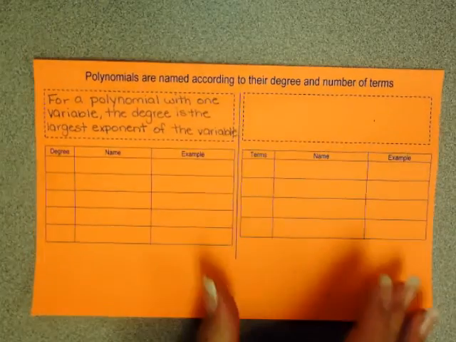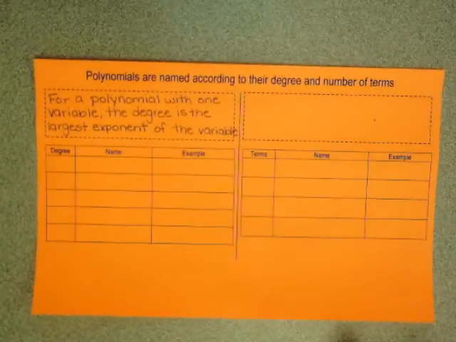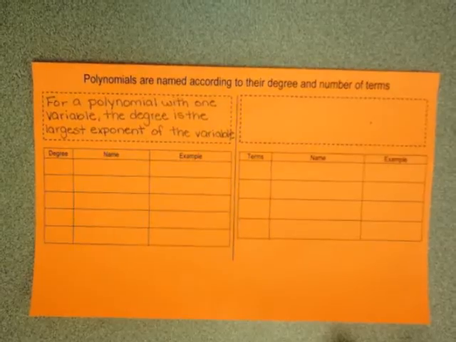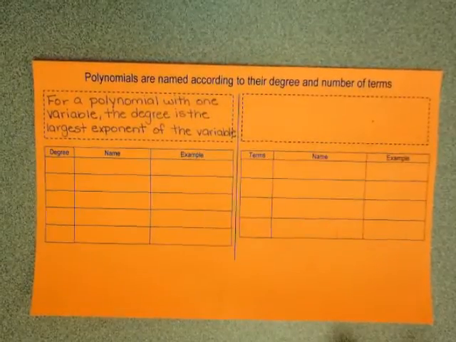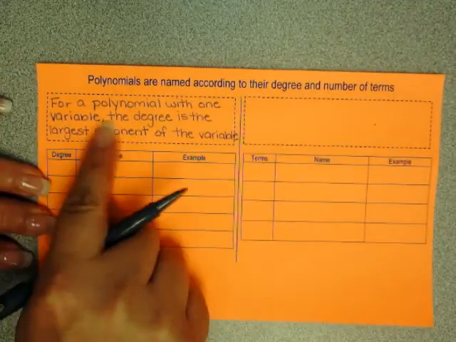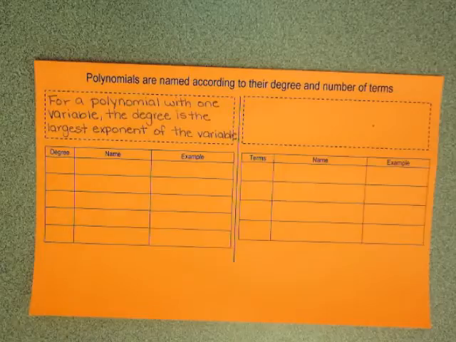Okay, so for a polynomial with one variable, the degree is the largest exponent of the variable. Okay, so we're only going to be working with 4 degrees.